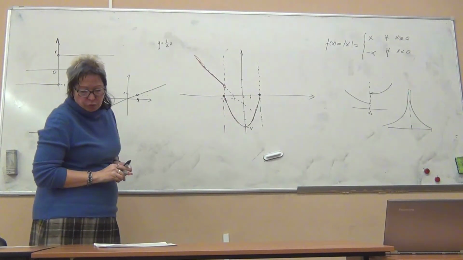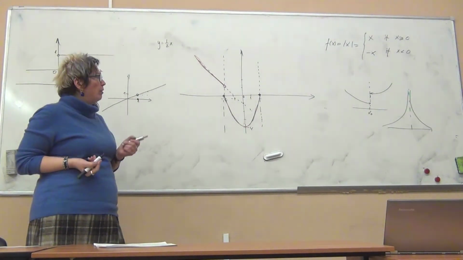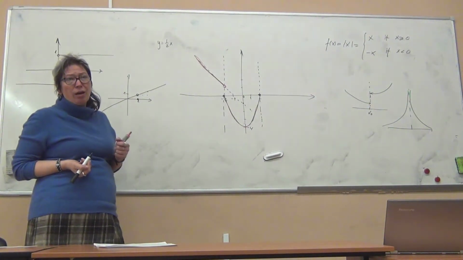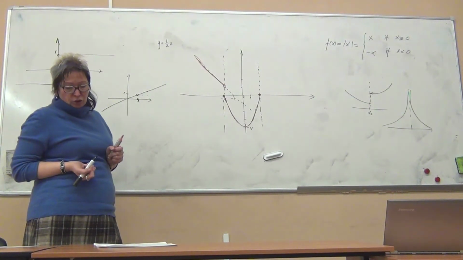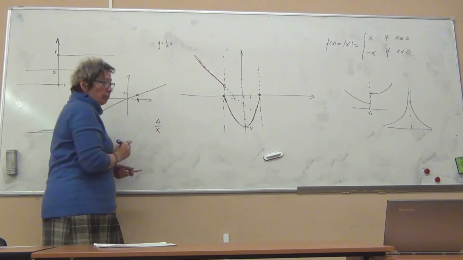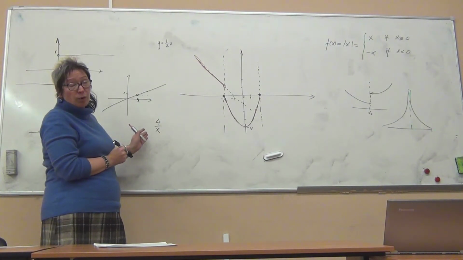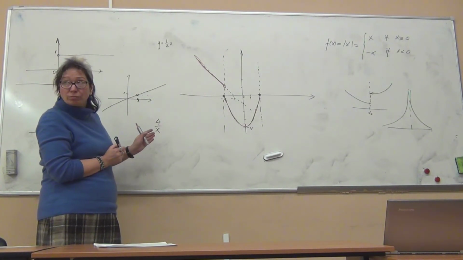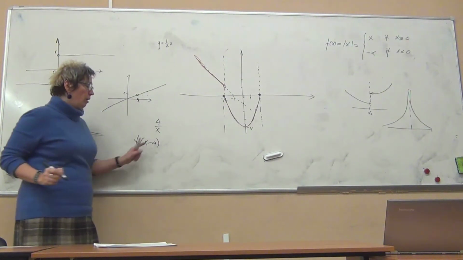And then 4 over x minus 2. Now it's a bit difficult because it's a hyperbola which has been moved. How? The shift. So it's a hyperbola 4 over x, but shifted. Remember f of x minus a.